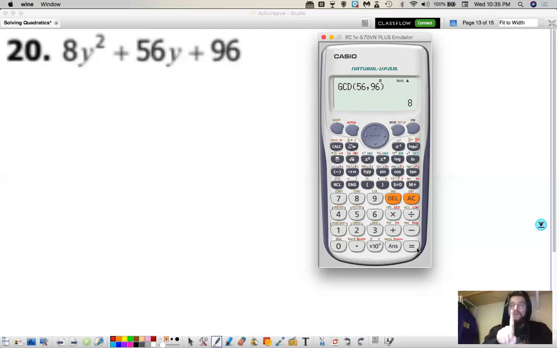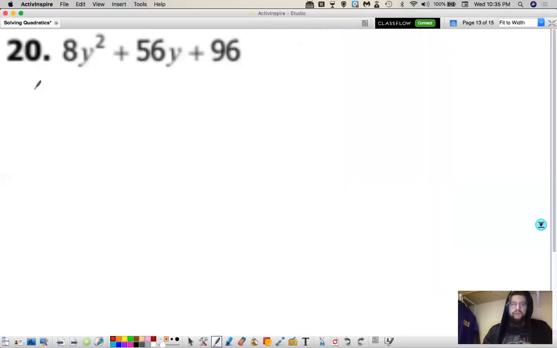Factor it out first. Your GCF first. If you don't, you'll just be wrong. If you do the AC shortcut without factoring out your GCF first, you'll get a factor. It'll be correct, except you'll have your answer without the GCF out.